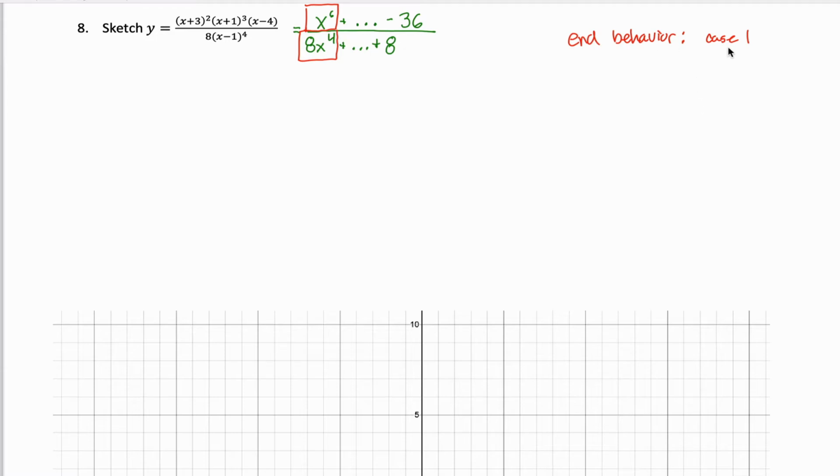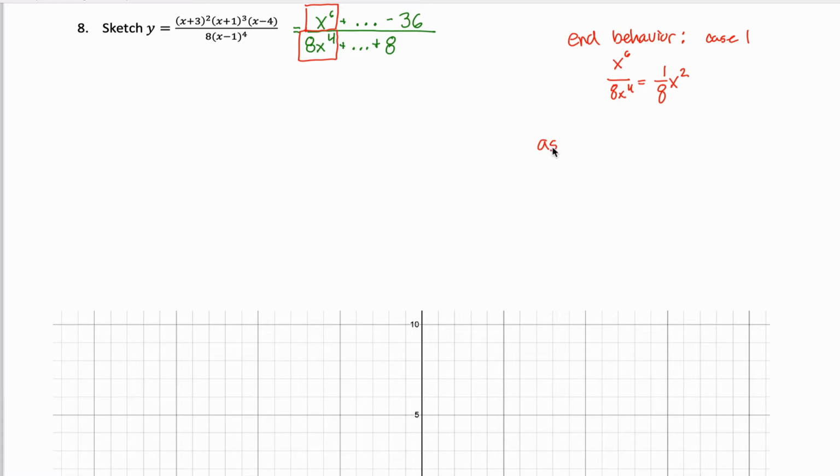And what you do in case 1 is you take those two terms, x to the sixth power and 8x to the fourth power, and you reduce them. I'd have 1 divided by 8, so 1/8, times x to the sixth divided by x to the fourth, so x squared. Although really I don't care so much about the numbers, what matters is that I have a positive leading coefficient and that I have an even degree.